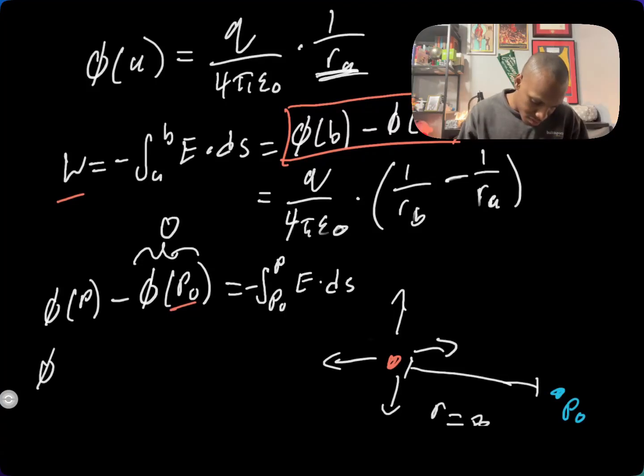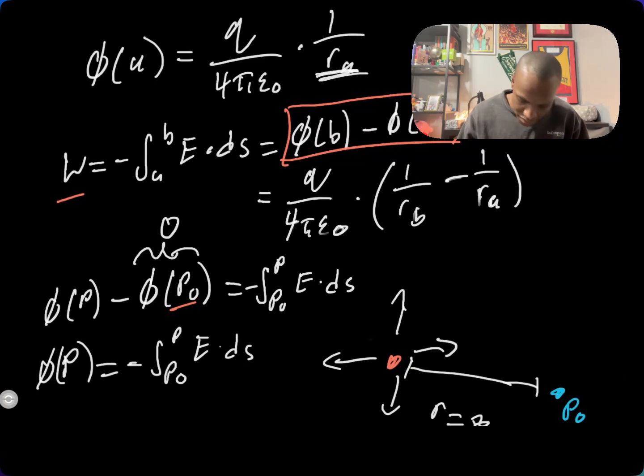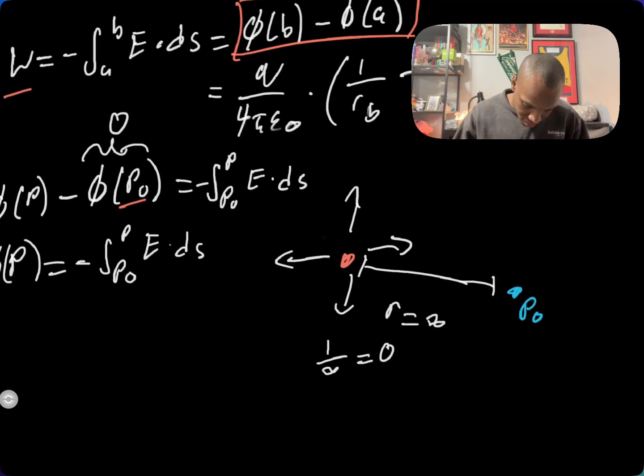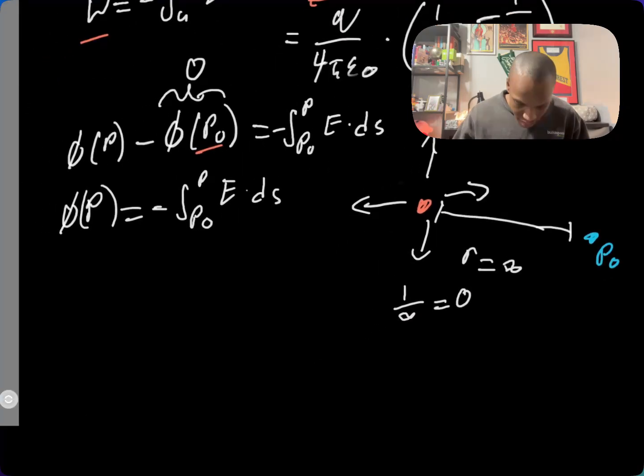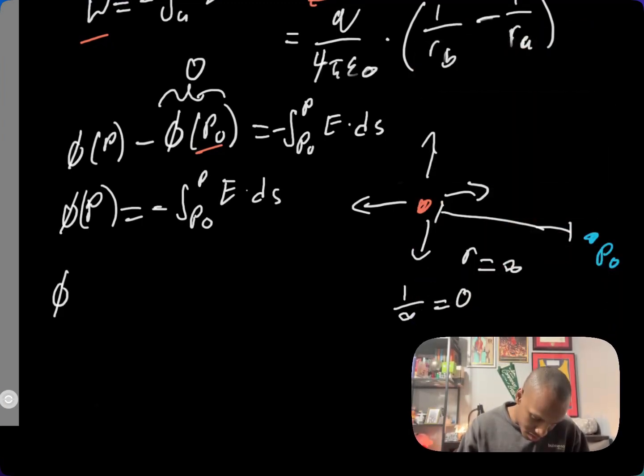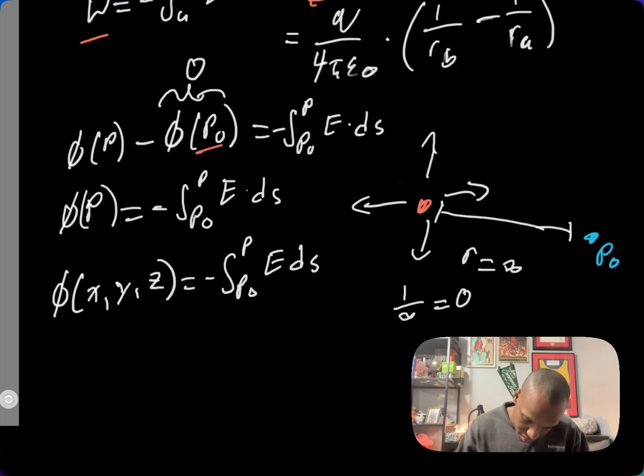And then we can just write phi of P is equal to this integral from P naught to P of E ds. This simplifies things a little bit because phi of P is just a point, so we can write phi of x, y, z is equal to, again, this integral from P naught to P of E ds.